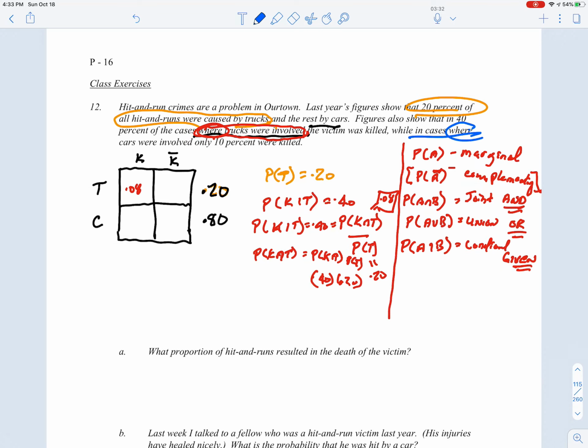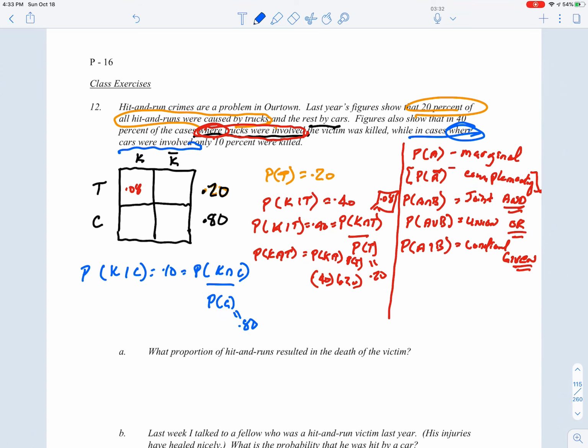While in cases where cars were involved, so there's your subjective clause here, where cars were involved, given that they were hit by a car, we have that 10% were killed. That's equal to the probability of k and c over the probability of c.